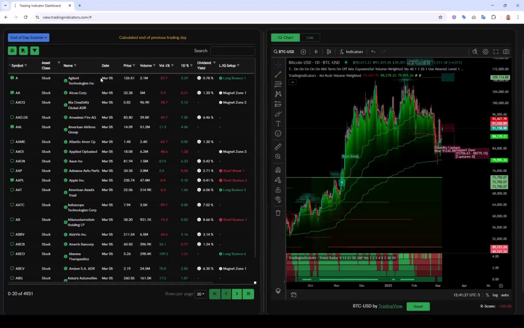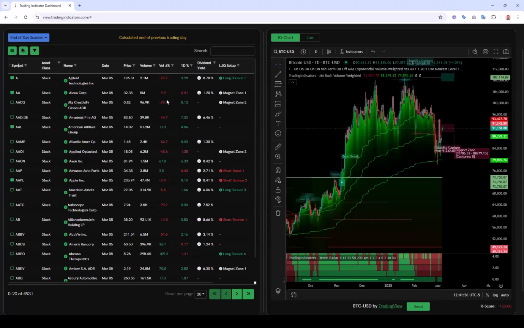Everything in this scanner will be recalculated at the end of the last completed trading day. So yesterday was March 5th. Once the market closed yesterday, the recalculation happens and all the new values are available around 2 hours after market close, just to manage expectation.